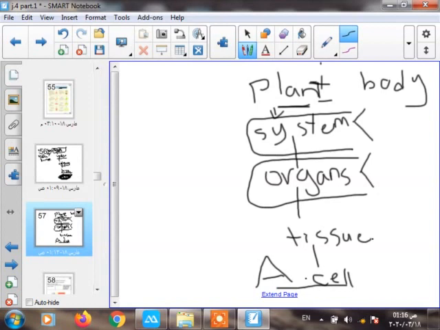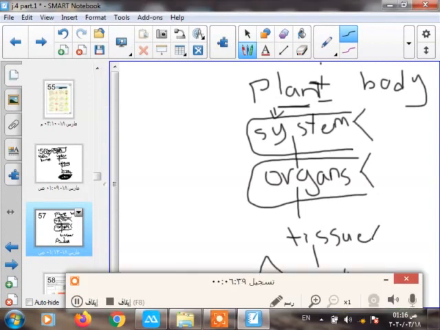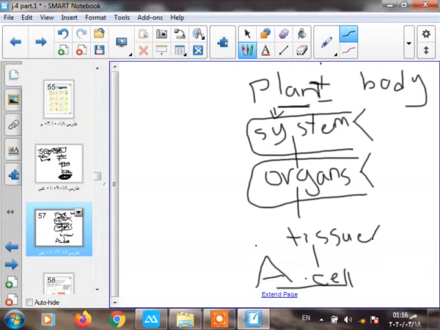Stem and leaves are above the ground. And what about tissue? Tissues may be similar or different. And what about the cell? Is it called the animal cell? No, for plant it is called plant cell. So what is the plant cell? It's the building unit of the plant body.